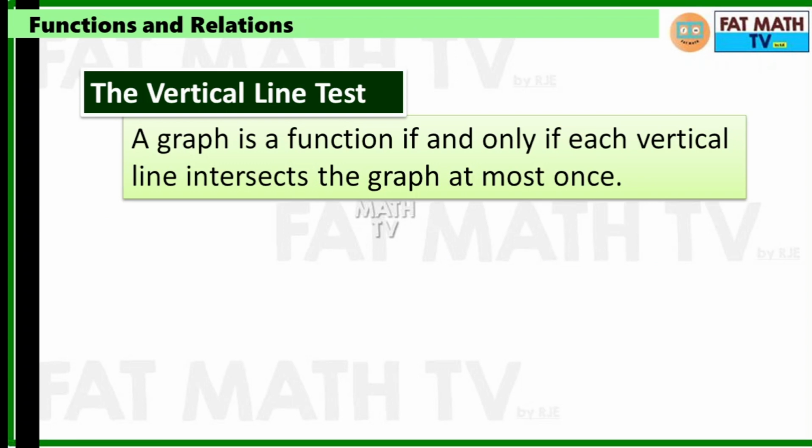A graph is a function if and only if each vertical line intersects the graph at most once. Meaning to say, if you draw a vertical line anywhere on the Cartesian plane, you should only intersect the graph in at most one point. So either you intersect it at one point or you don't intersect it. If you intersect it at 2 points or more, then the graph is not a function.